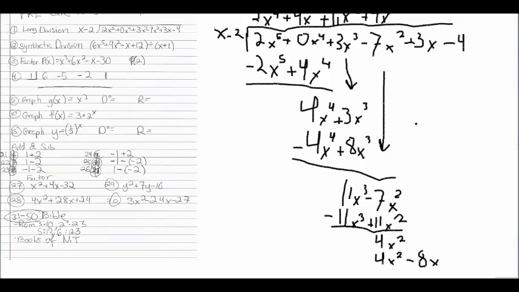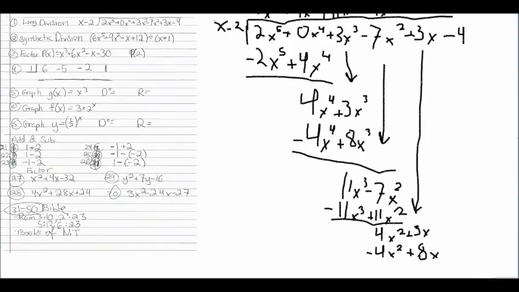Plus 4x times 2 is, excuse me, should be negative, minus 8x. I forgot to bring that down, so we have to bring down our plus 3x. Signs change. 3x plus 8x becomes 11x.